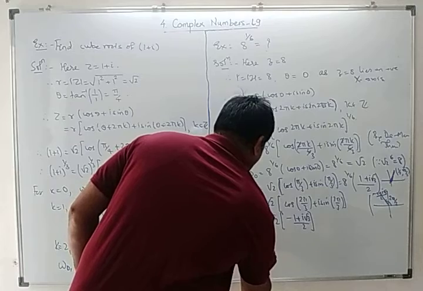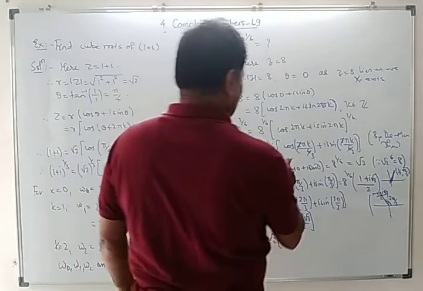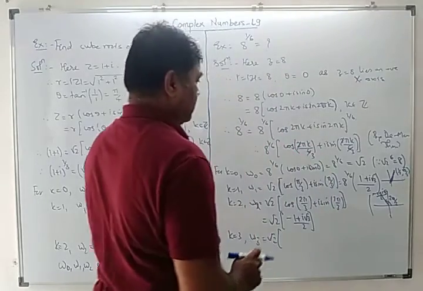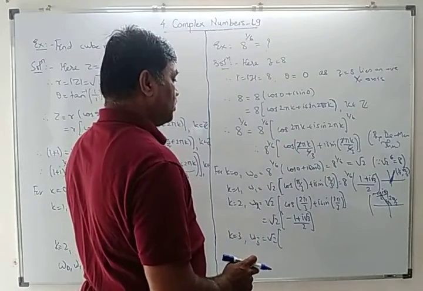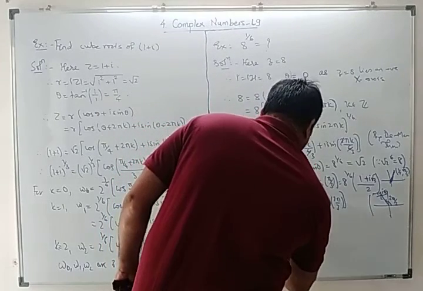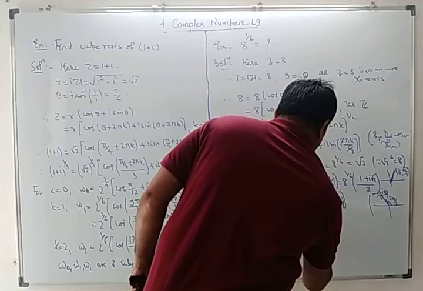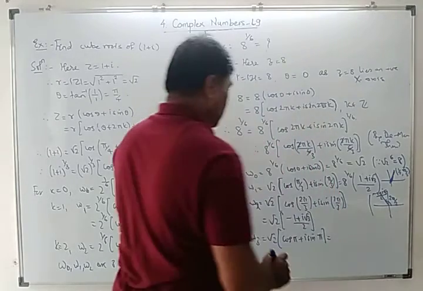For k equal to 3 now, W3 is equal to root 2 into, if I put k equal to 3, I will get cos pi plus i sin pi. What is cos pi?